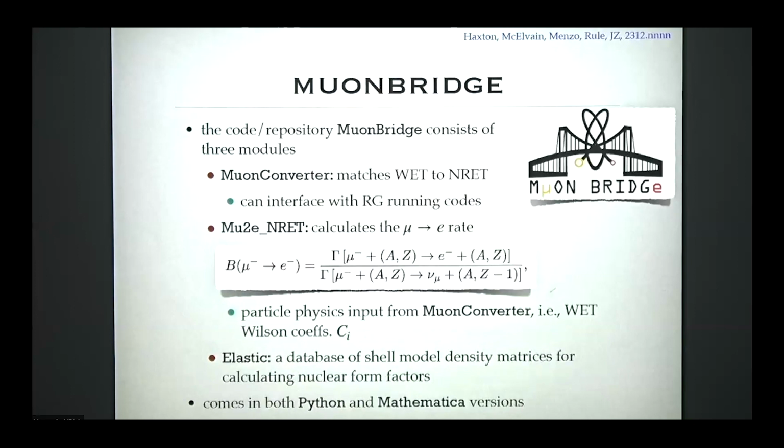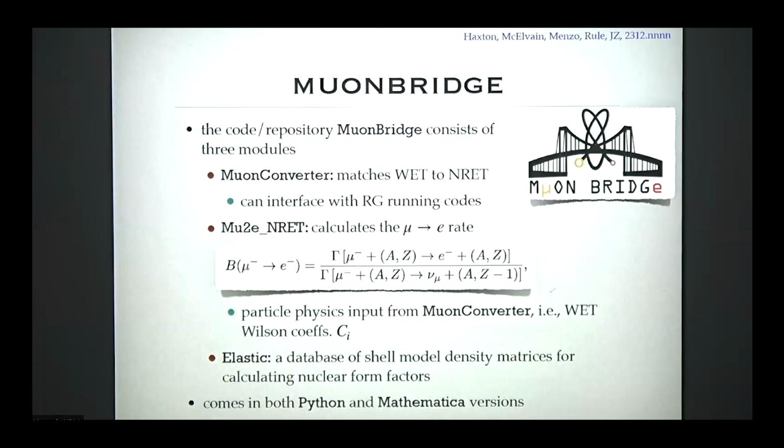Okay, all right. So now a few words about this code. It has 3 components: a muon converter, mu to E NRET, and elastic. The muon converter does the matching from the weak effective theory to the non-relativistic theory, and there's an interface with the physics above 2 GeV.